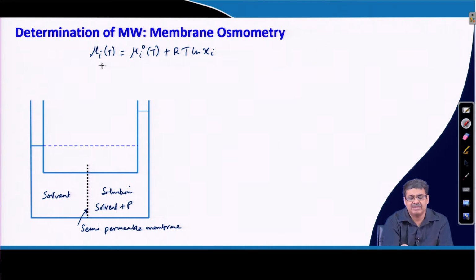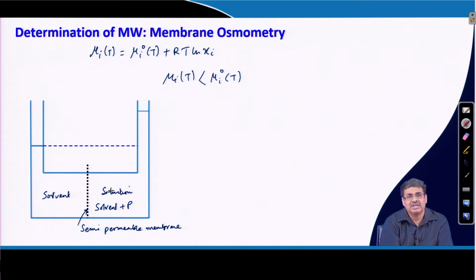For a solution, the chemical potential is always less than that of the pure solvent, because the mole fraction is a fraction, so ln x_i is a negative quantity. So the chemical potential of the solvent in a solution will be less than the chemical potential of the pure solvent at that particular temperature.